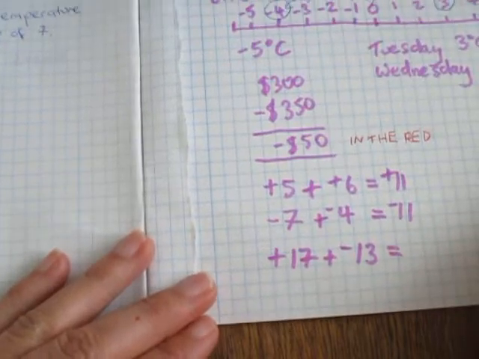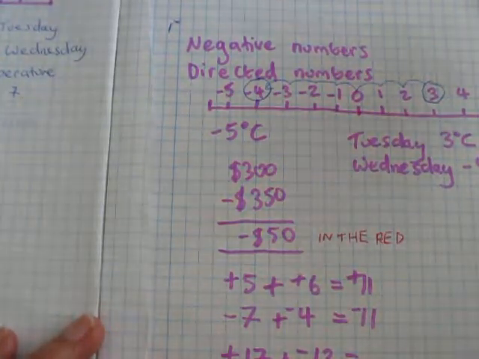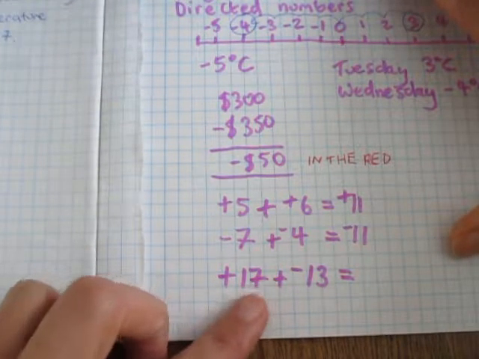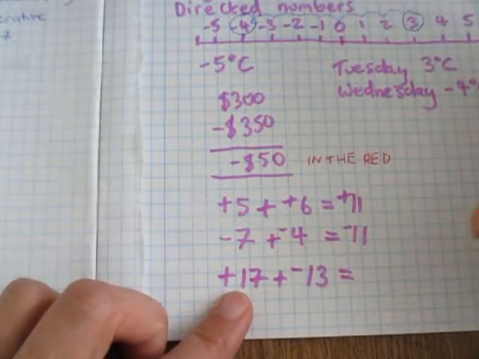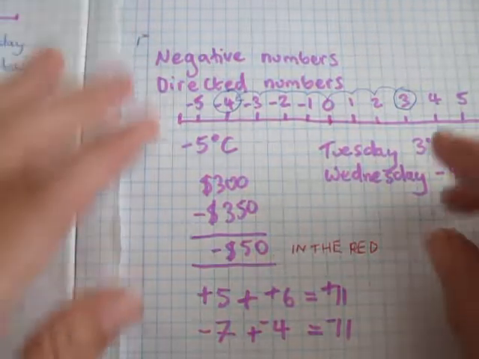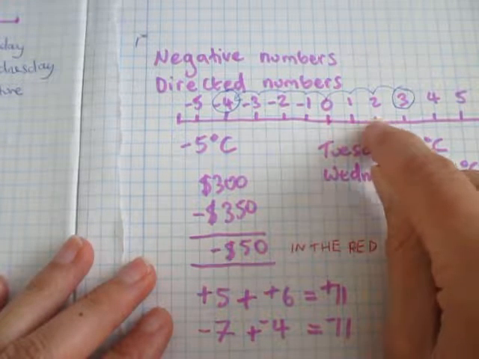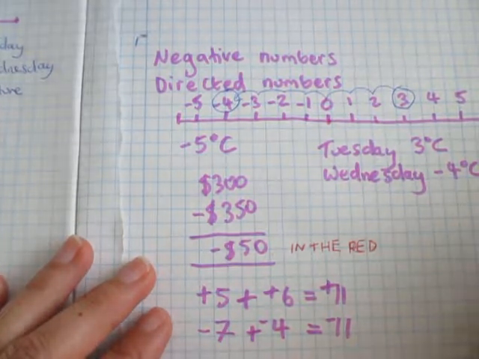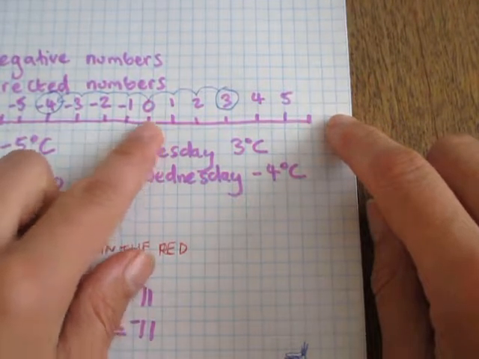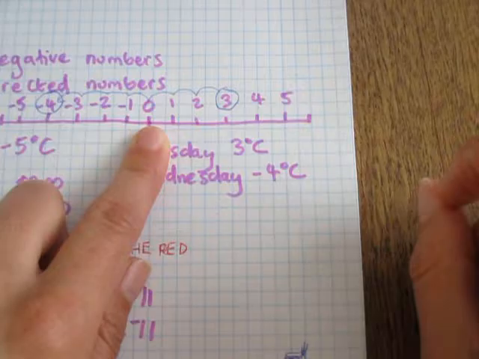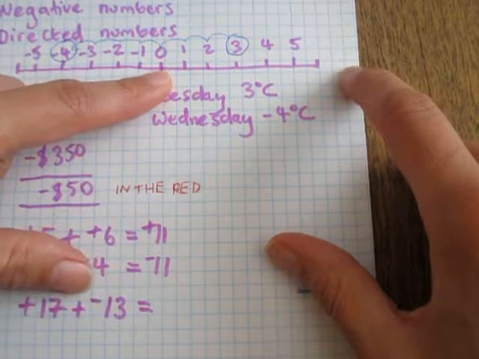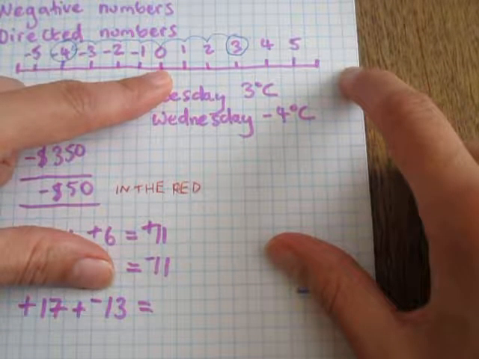Okay, so negative 13 has a direction, and the direction it's moving in is this way down the line. Positive 17 has a direction, and the direction that it's moving in is this way. So we imagine that we count 1, 2, 3, 4, 5, 6, 7, 8, up to 17. So we've gone up to positive 17 from 0, which is always the starting point. Then we're going to add minus 13.